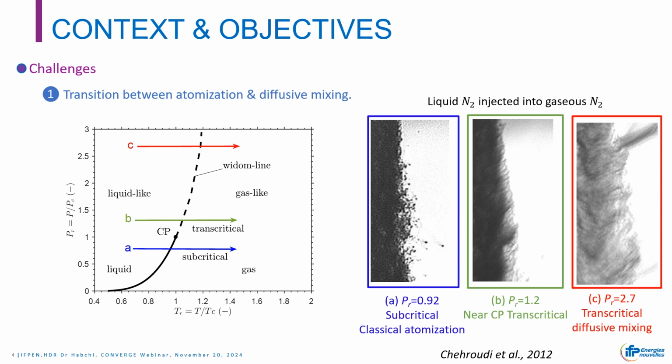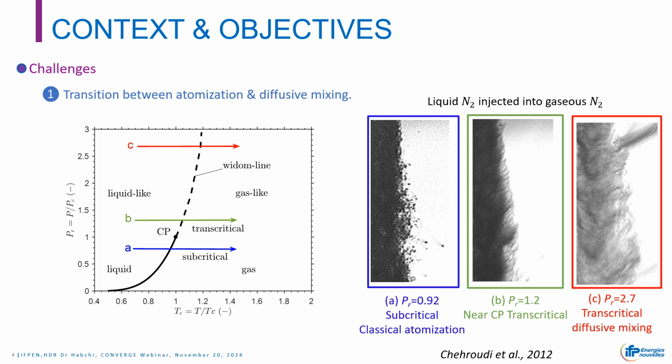The second regime goes from liquid-like to gas-like through the pseudo-boiling line, which is the Widom line, the dotted line in the TP diagram. This is the location where the CP is maximum, for example, and this maximum of CP may decrease when the pressure is increased.